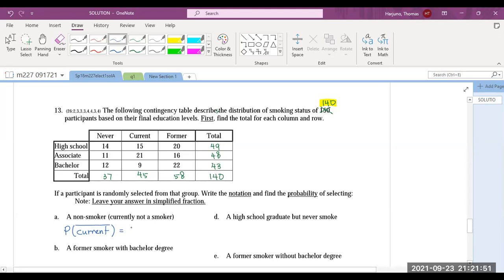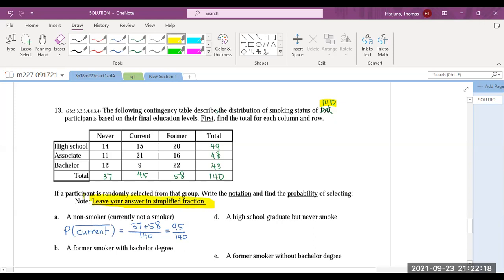The first way is you see how many people are not currently smoking. 37 plus 58 out of 140. That's 95 over 140. Now, the thing is, you need your answer in simplified fraction.